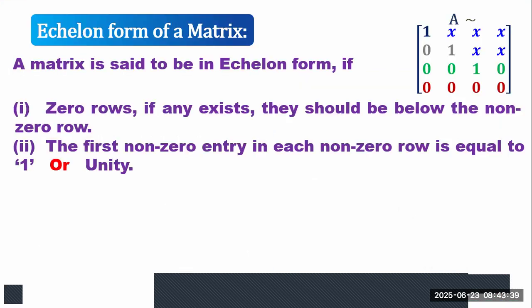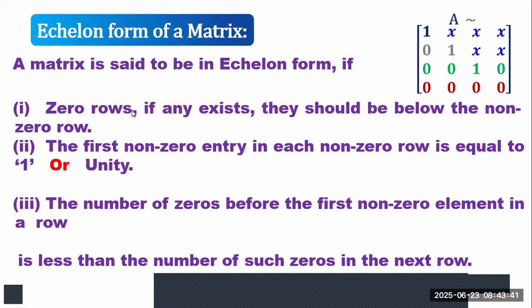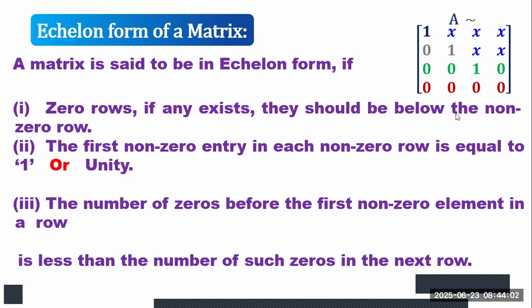Now, the echelon form of a matrix can be defined like this. A matrix is said to be in echelon form if the zero rows, if any exist, are below the non-zero rows. The first non-zero entry in each non-zero row is equal to 1, or unity. The number of zeros before the first non-zero element in a row is less than the number of such zeros in the next row. So it looks like this.